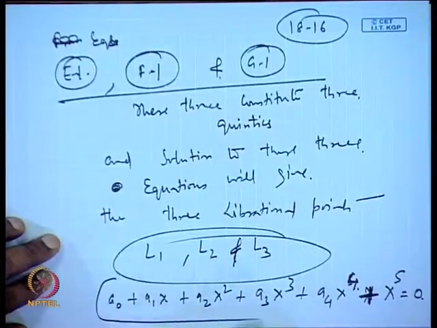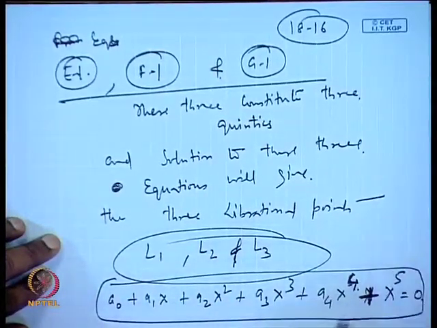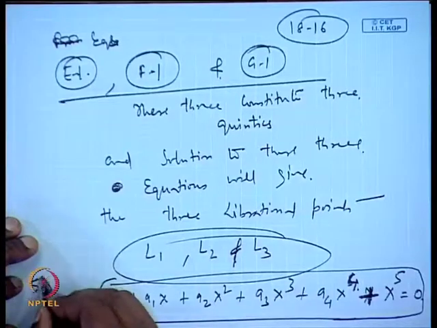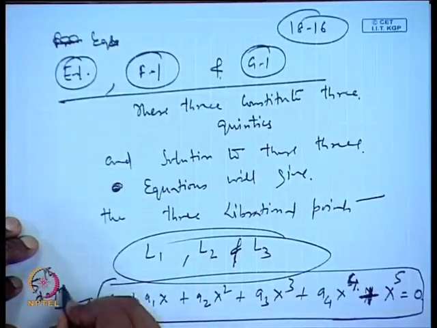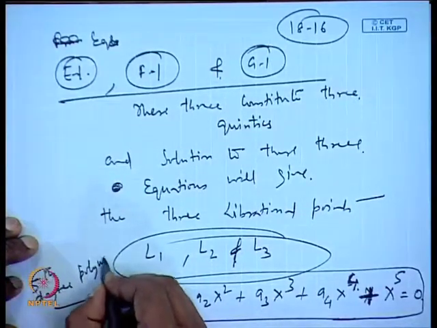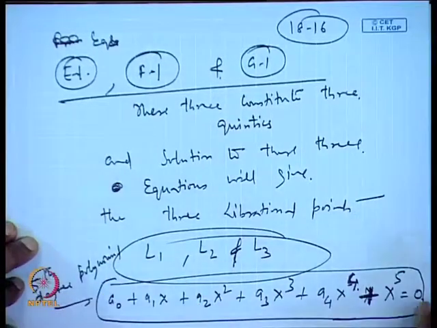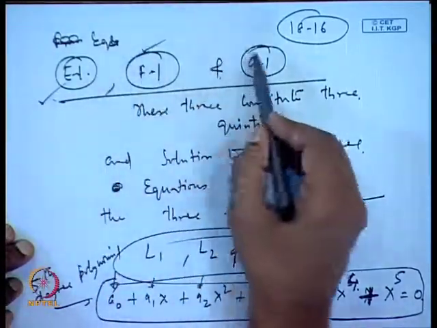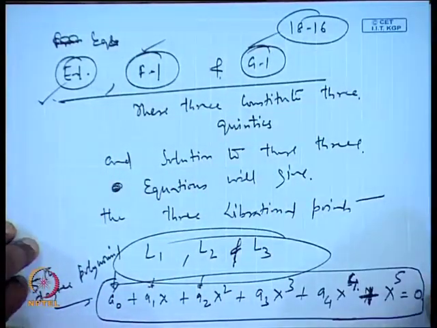So, this basically constitutes a fifth degree polynomial. And these coefficients next time we will write for all the three equations E1, F1 and G1.